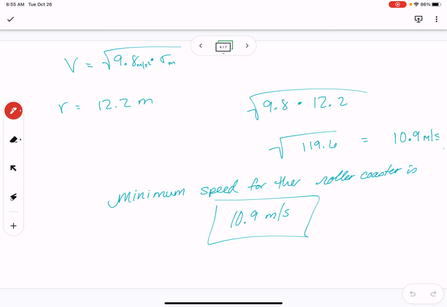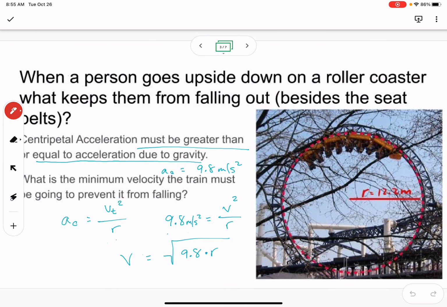There we go. All right, so I'm going to show you how I calculated that here. Remember that centripetal acceleration must be greater than or equal to 9.8. So we're going to say that the centripetal acceleration is going to equal 9.8 meters per second squared, because that's the minimum speed we're looking for.